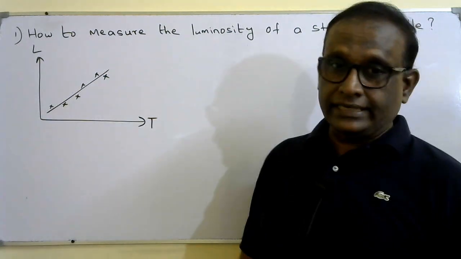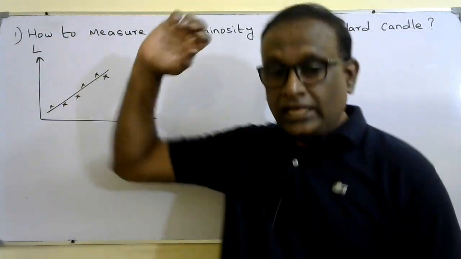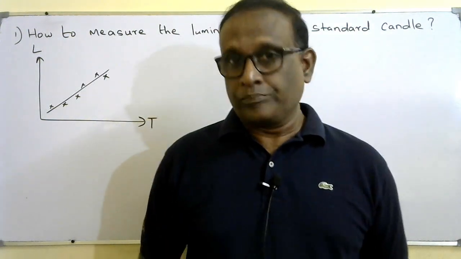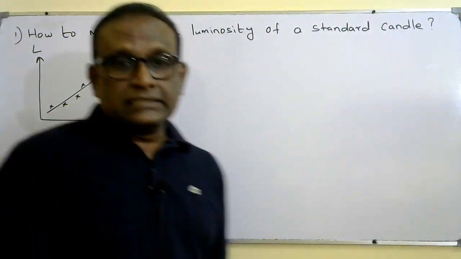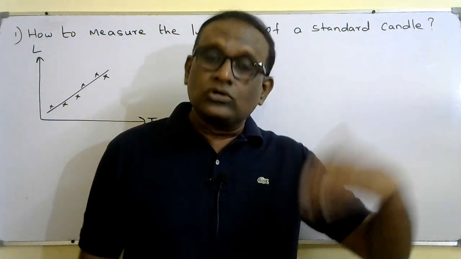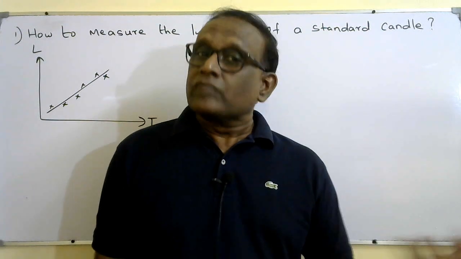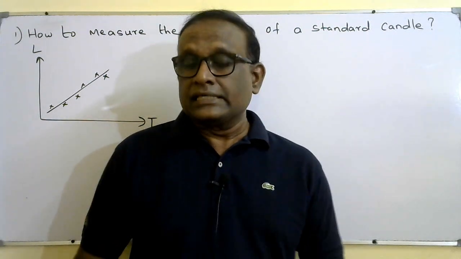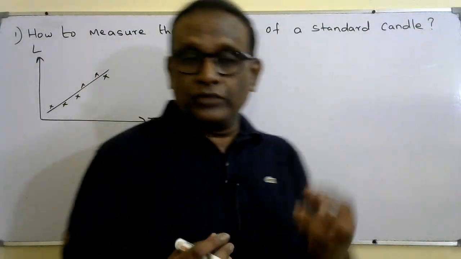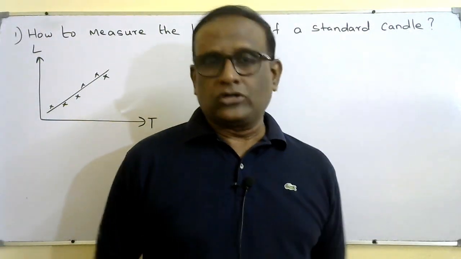How did we measure the luminosity of these Cepheid variables that are closer to us? You should know that. Normally we measure the intensity of the Cepheid variable, by using a light meter or something like that.